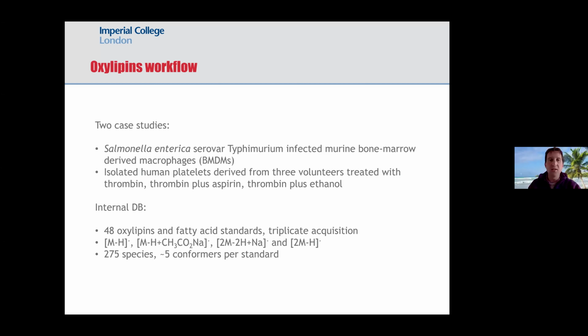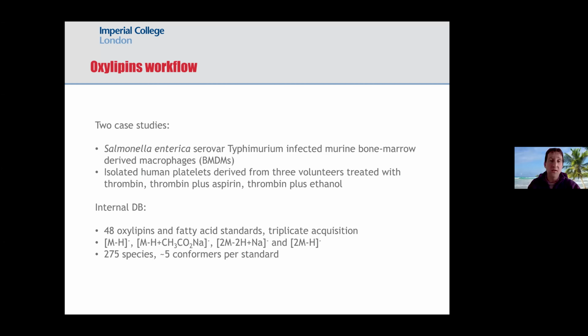I won't go into the biology. I'm more concerned with explaining the workflow and the advantages that the ion mobility gives you. At the time, we created an internal database for this analysis from 48 oxylipins and fatty acid standards that we had available to us.